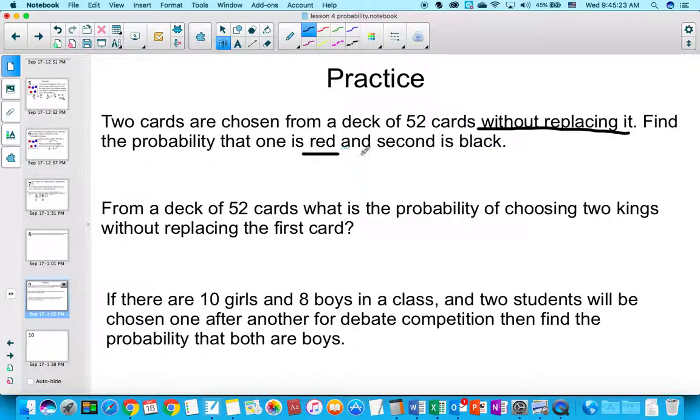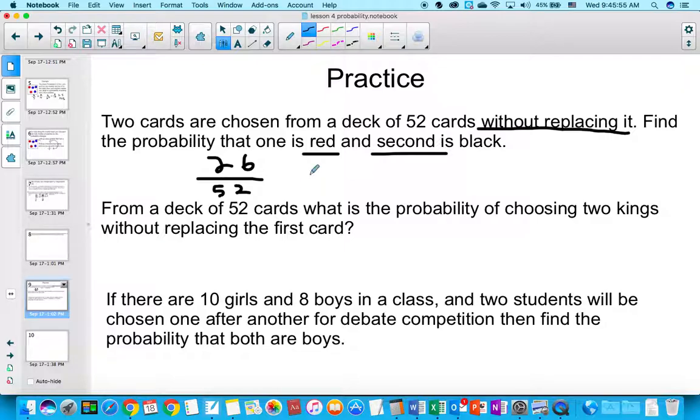And you're looking for red and black. Well, half the cards are red and half the cards are black, right? So for any one red card, you have a 26 out of 52 chance of getting a red card. A total of 52 cards, 26 of them are red. The second one: now you've pulled out a card, so you have fewer cards.